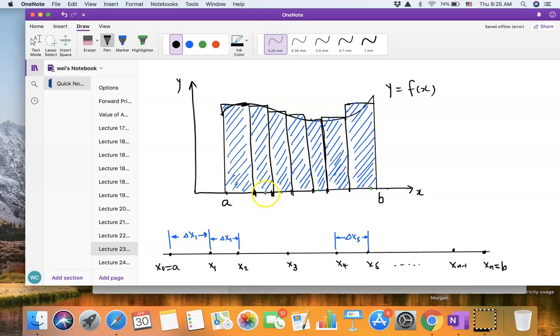I'm using a random point between them, so the function value at this point is the height of my second rectangle. And the third rectangle's height is determined by the function value at this point.